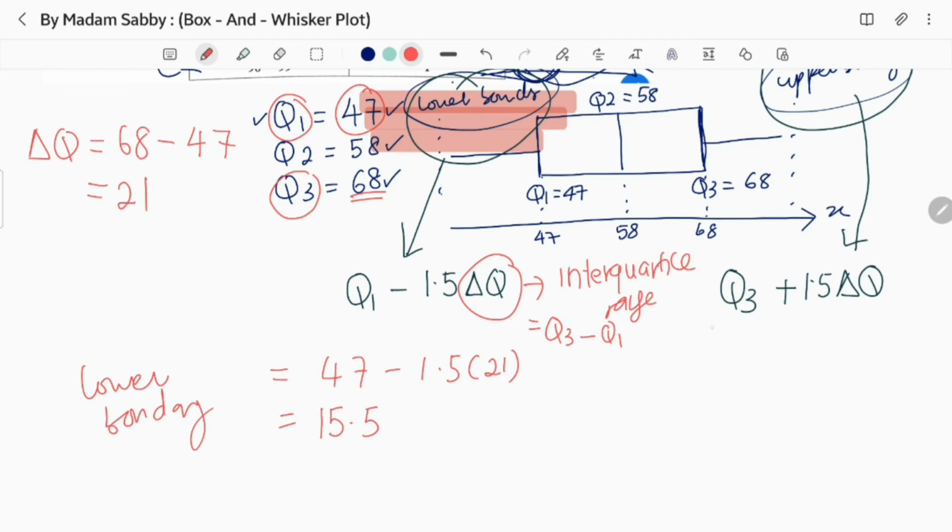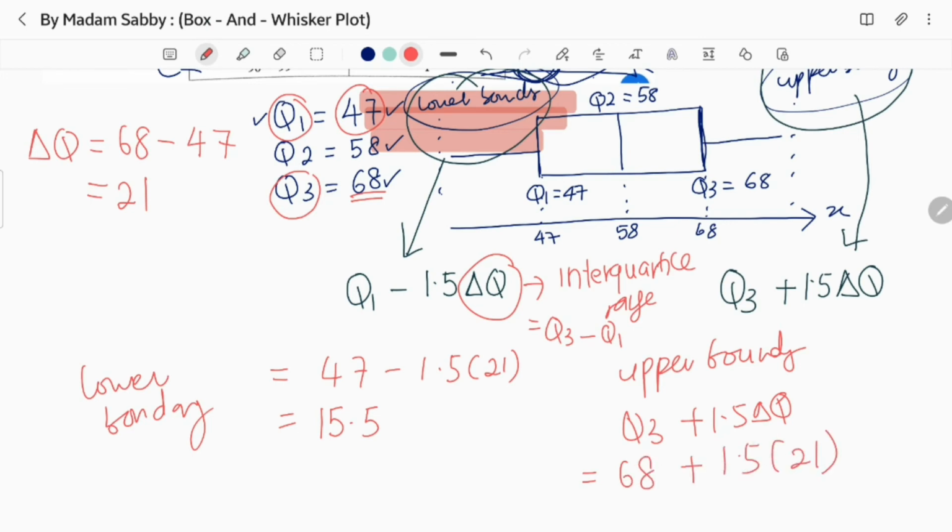And our upper boundary is Q3 plus 1.5 delta Q, and your Q3 is 68 plus 1.5 multiplied with 21, which is, the upper boundary should be 99.5.